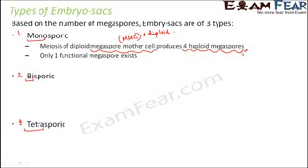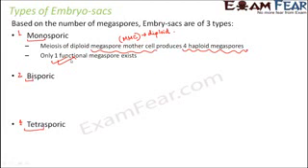How many functional megaspores exist? 3 out of 4 are gone, so only 1 is left. So finally you have only 1 haploid functional megaspore, and that is why this is called monosporic. So that is monosporic.